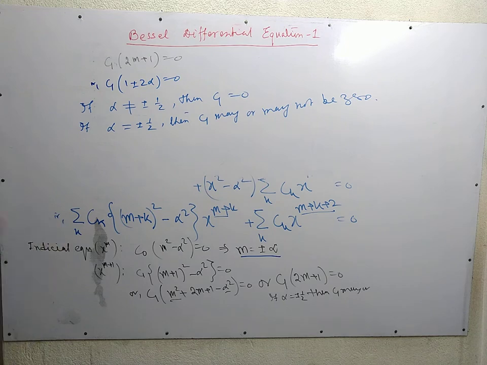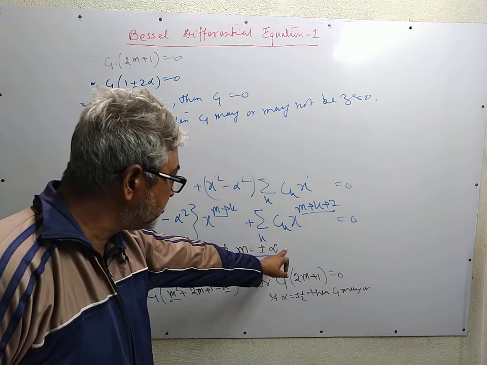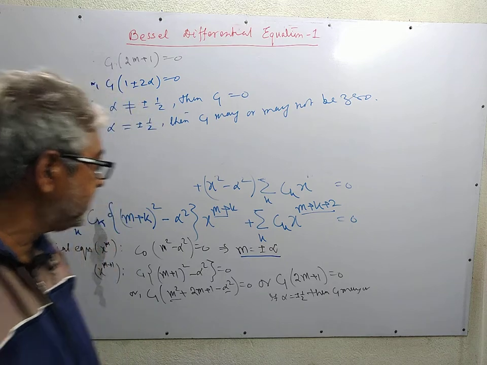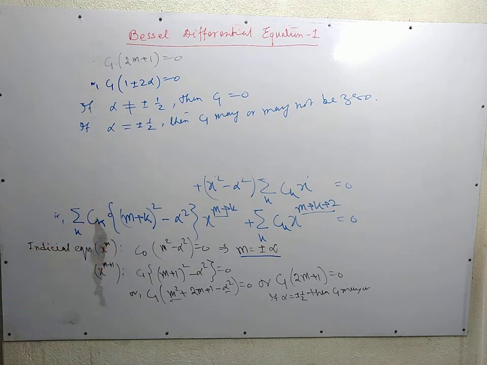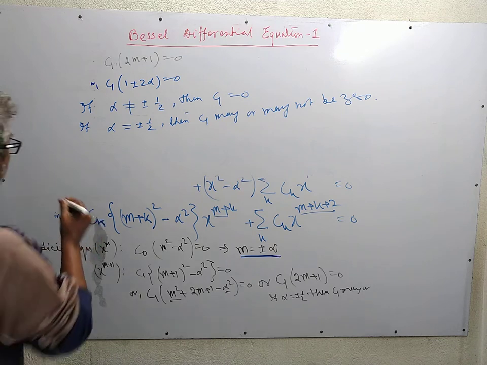If alpha is equal to an integer or half odd integer, then the higher root, that is m equal to alpha, will give you a solution, and the lower root may or may not give you a solution. I am coming to the discussion on it.